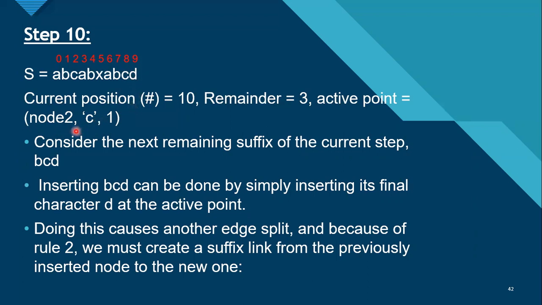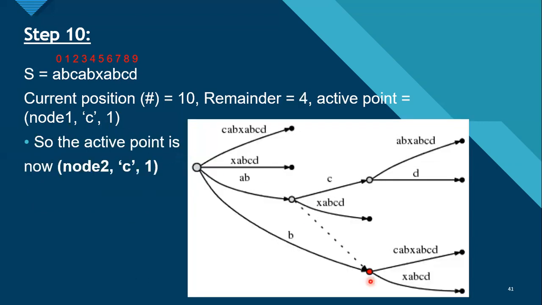So we'll go to the active point, node 2, the edge starting with the character C, specifically after the first character, and we'll see if D already exists or not. And right here, node 2, C after the first character, okay, D is not there.